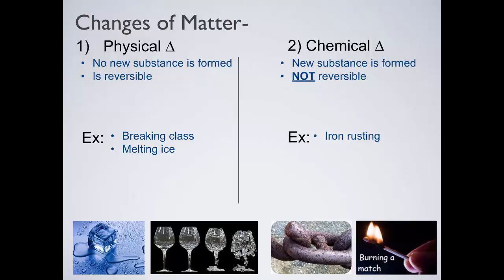The atoms are being rearranged into a new pattern, and you're forming a new substance. Burning anything is a chemical change, again, because you're taking a substance and rearranging those atoms into a different form.